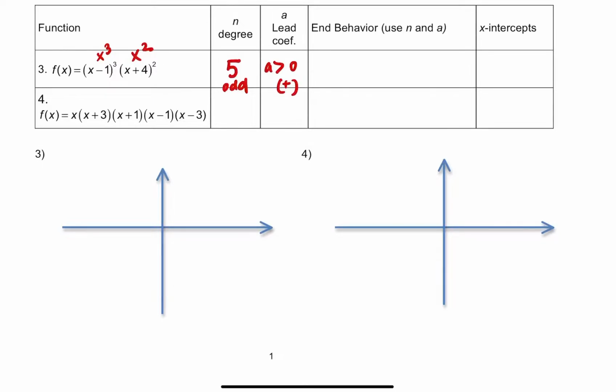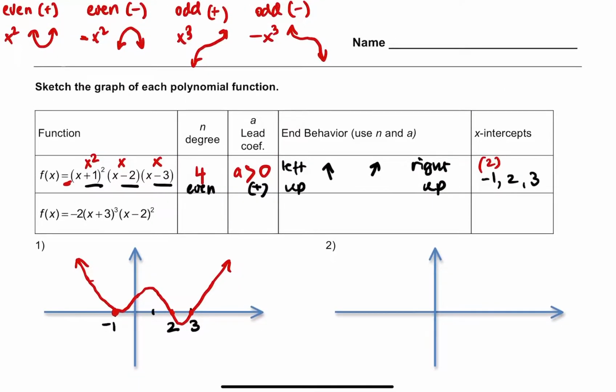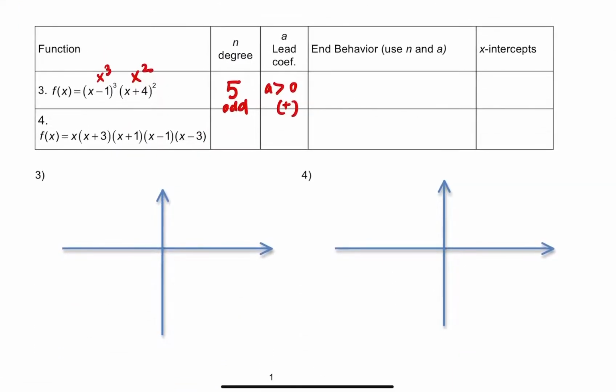So if I look at the function as odd and positive, I would look at this x to the third power, which looks like this. So we know that our end behavior is going to go like this. Left side is going to be facing down, and right side is going to face up.